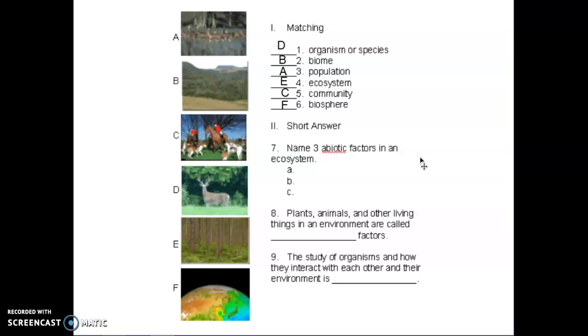Okay, and then for number 8, plants, animals, and other living things in an environment are called blank factors. So your key word here is living. So all of these are biotic factors. And then number 9, the whole purpose of this unit, the study of organisms and how they interact, of course, is ecology, which is the unit that we're in right now.